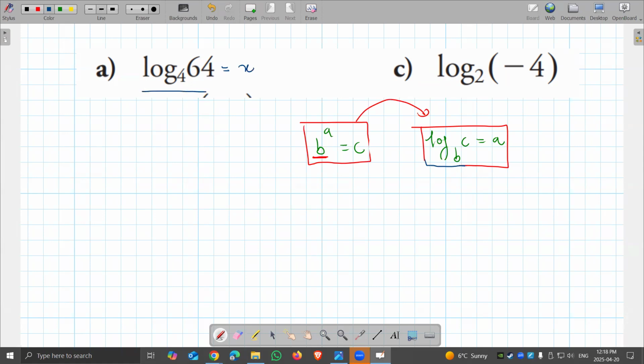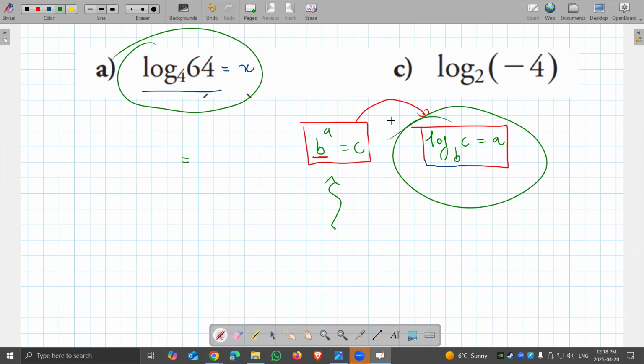Right now, we're in the log notation. I want to write it in an exponential notation. If I want it in this form, what does this become? Right now, it's in this form. I want to go back into this form.